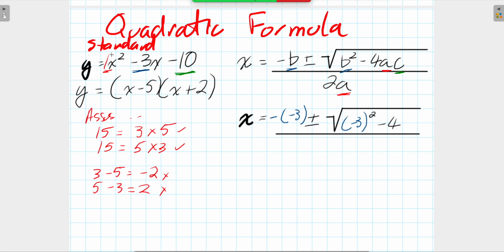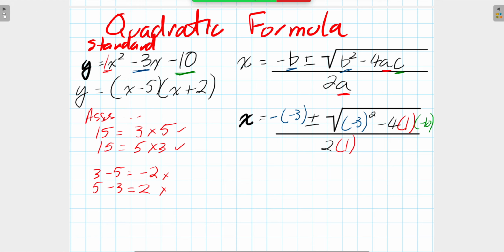The A value here, there was no number written there, so it's really important we realize that the coefficient would be 1 in this case. So we have just the 1. And the constant, C, is negative 10. So we write down negative 10, all over 2 times A, which again is 1.